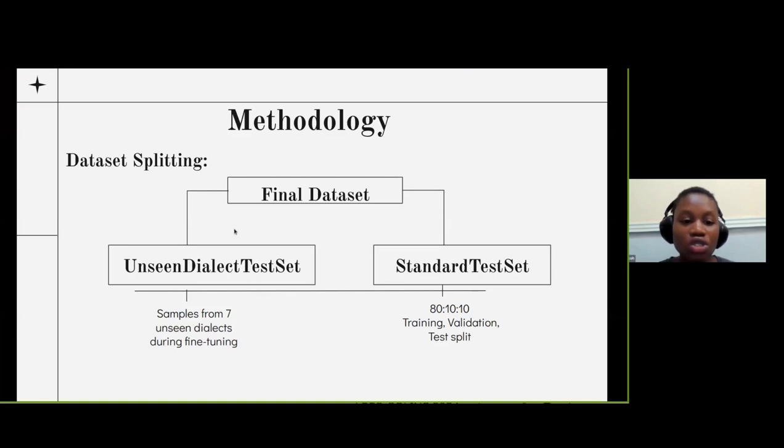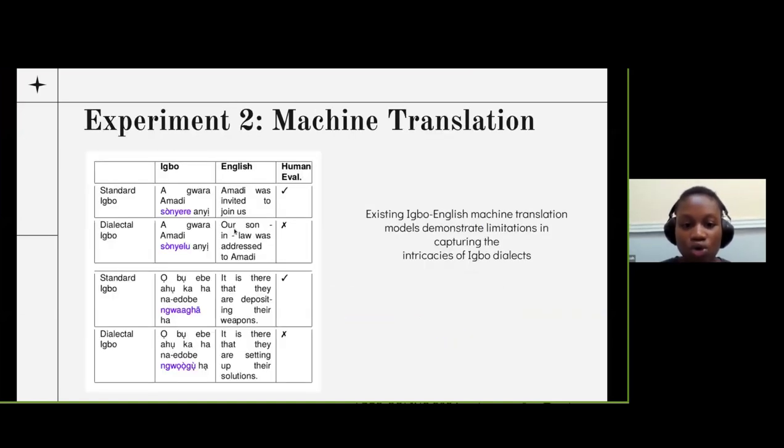So the first one was the unseen dialect test set. This was just 7 unseen dialects we brought out, and this was because we wanted to make sure that our fine-tuned model is generalizing very well and is able to see a sentence and actually know that this is just a dialectal variation and not just a different sentence entirely, just like the example we saw from here.